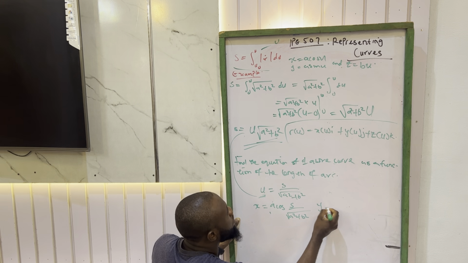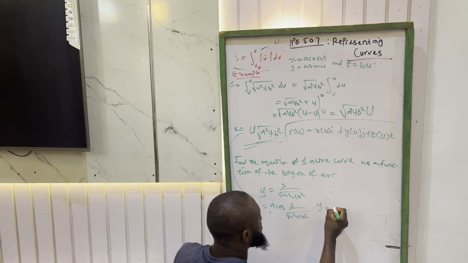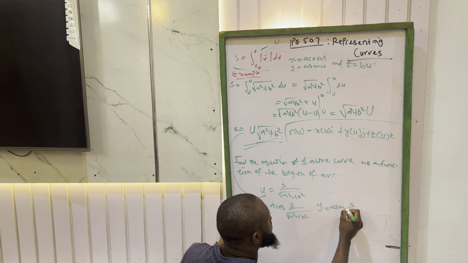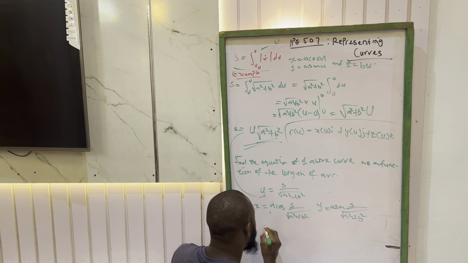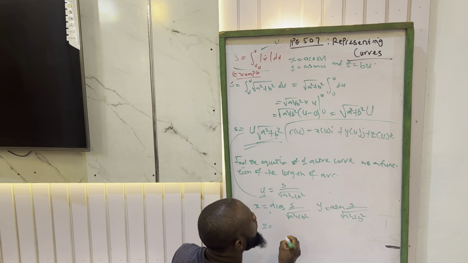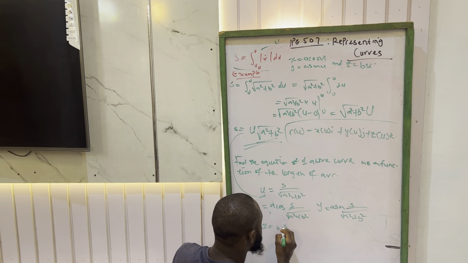Our y becomes a sin of s over square root of a squared plus b squared, and our z becomes b s over square root of a squared plus b squared.